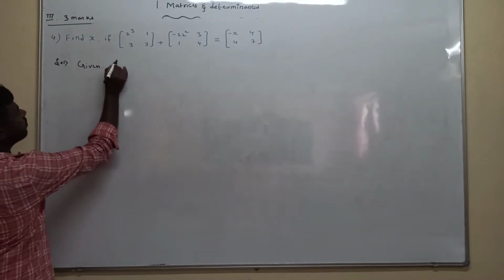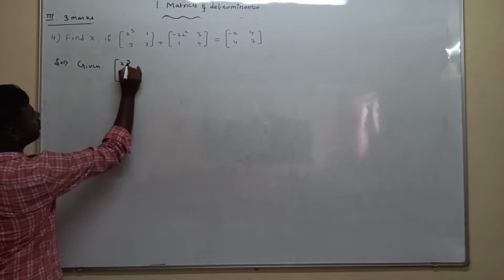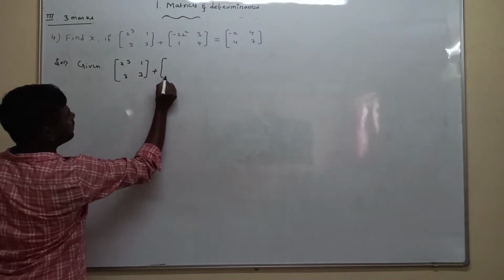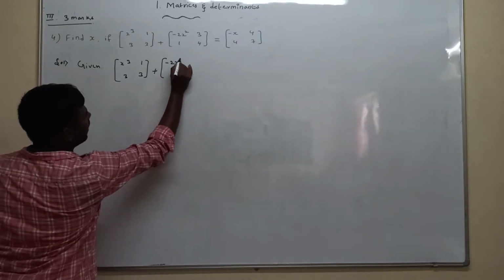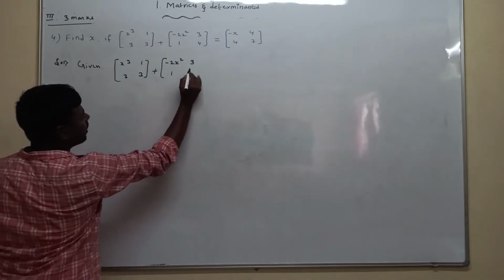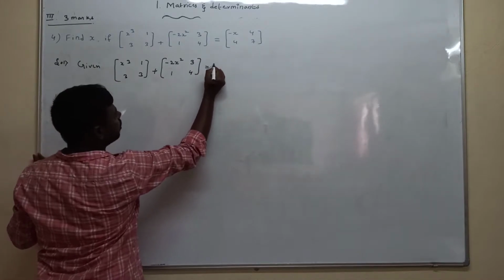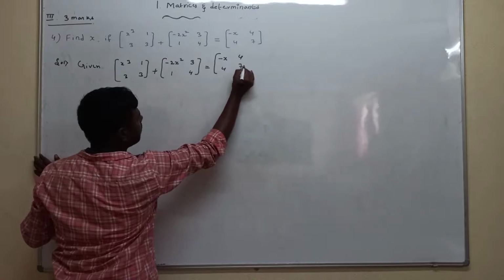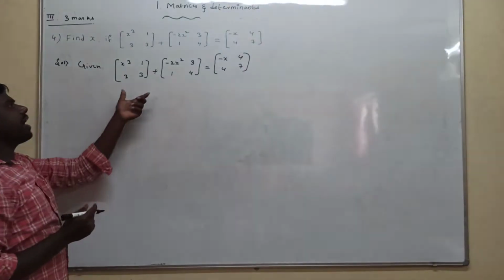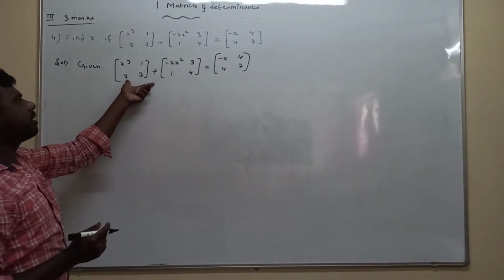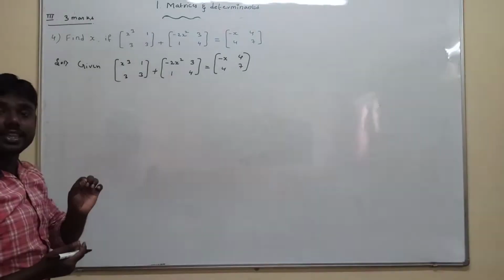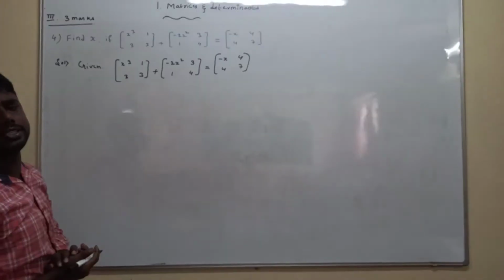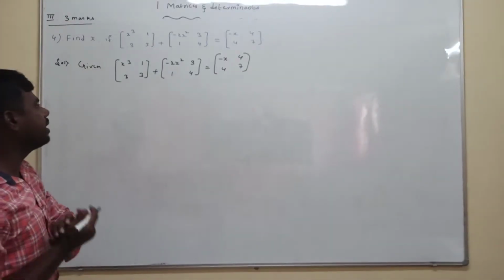Given: x cube 1 3 3 plus minus 2x square 3 1 4 is equal to minus x 4 4 7. The left hand side is nothing but the addition of two matrices, so we add the corresponding elements.